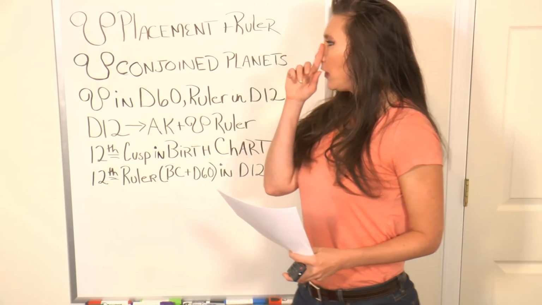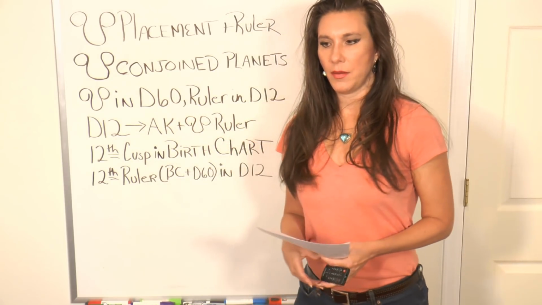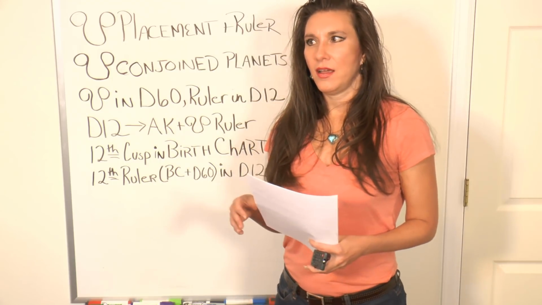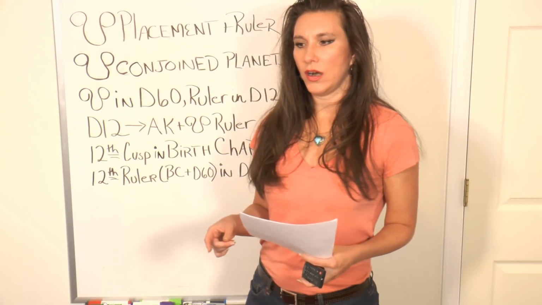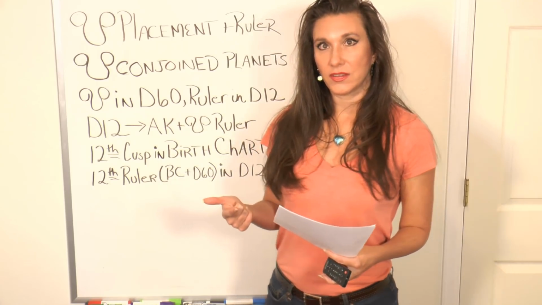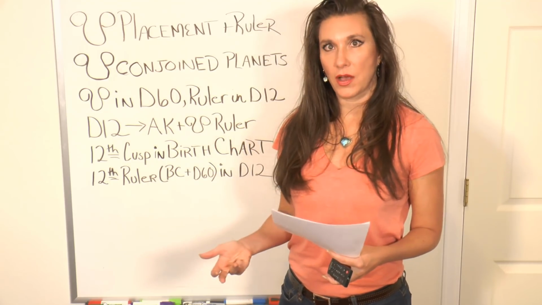Now, there are 4 types of houses in the Vedic system. Those houses are Dharma houses, Artha houses, Kama houses, and Moksha houses.